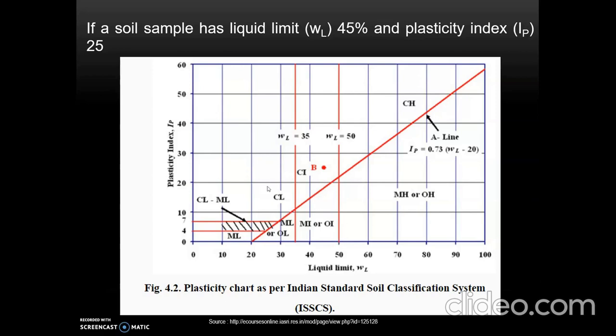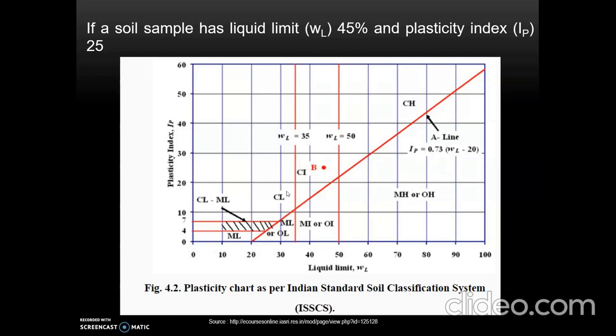So the soil with liquid limit less than 35 will be classified as low plastic soil, and the soil which has liquid limit from 35 to 50 will be considered as intermediate soil, and the soil with liquid limit greater than 50% will be considered as highly plastic soil. Above the A line, the soil will be clay, and below the A line, the soil will be silty.